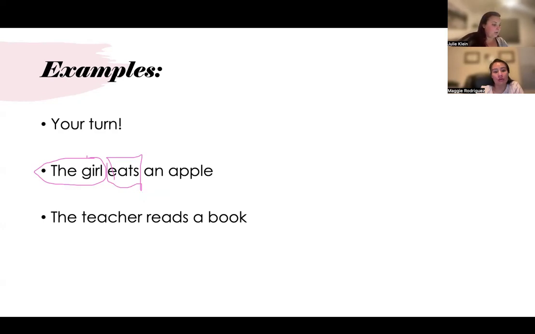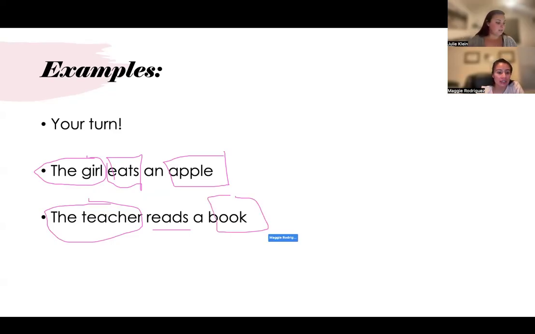Yep, that's what is happening to the action. Okay. And then we have: the teacher reads a book. Go ahead and tell me this one by yourself. Let's build that sentence. The subject is the teacher, and she reads. The object that she's reading is the book. Great job, Maggie. Perfect. Awesome.